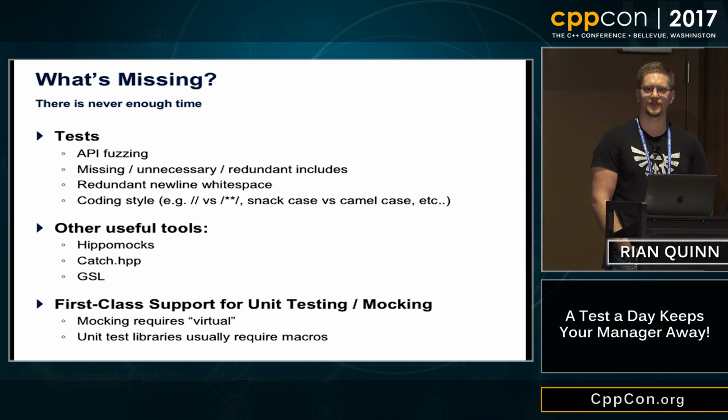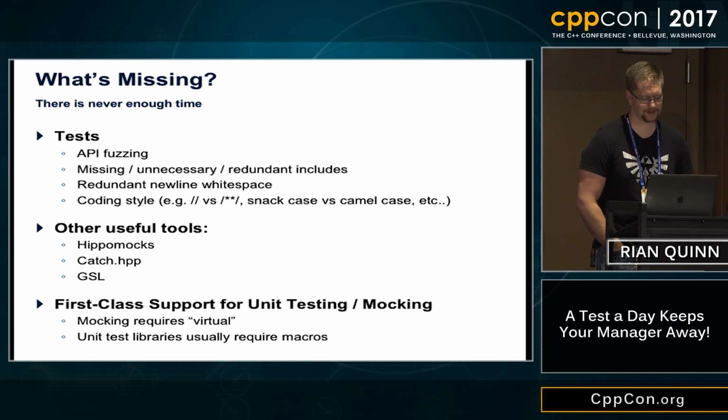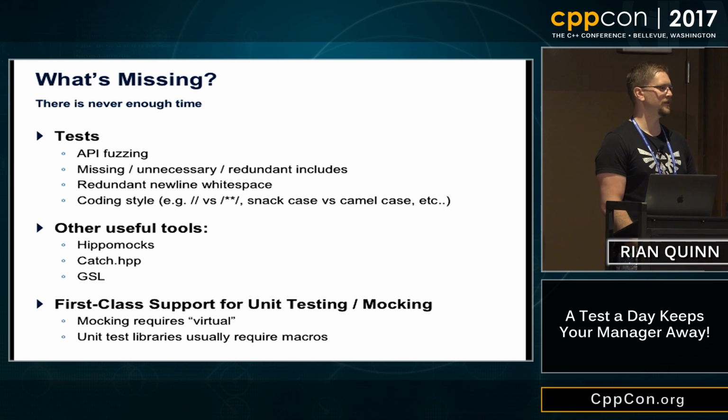Boy, it'd be great if we had non-macro-based unit test libraries that were part of the C++ language. We spend so much time as a community worrying about type safety and the Core C++ Guidelines because we claim that we have the most safe language to use, but then we don't have native support for actually proving that this stuff works with unit testing and mocking. So I think it's something we as a community should put more pressure on and say, let's finally get this done.